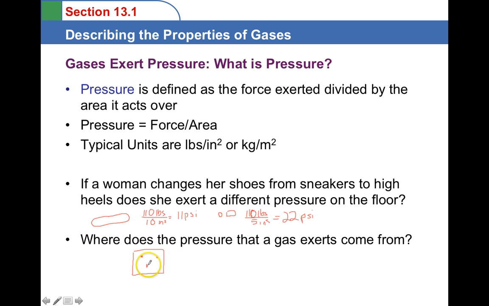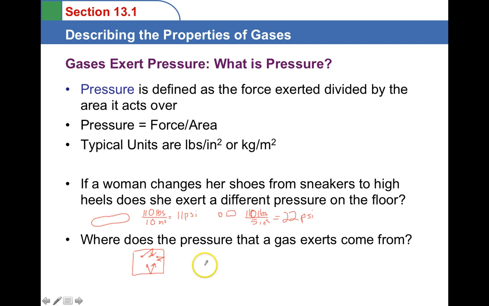Pressure is derived from when these molecules bounce off of a surface. It could be the surface of the container, the surface of you, or the surface of your desk if you're talking about the atmosphere. Every time a molecule hits a surface and bounces off, it exerts pressure on that surface. That's where pressure is coming from.